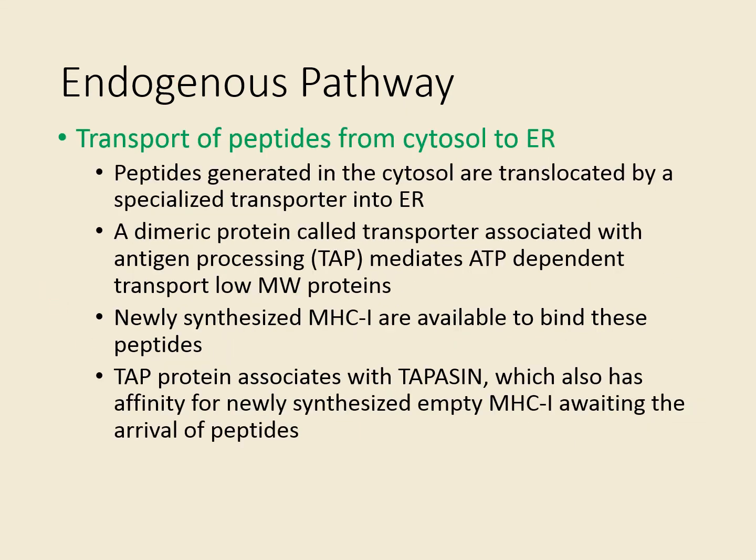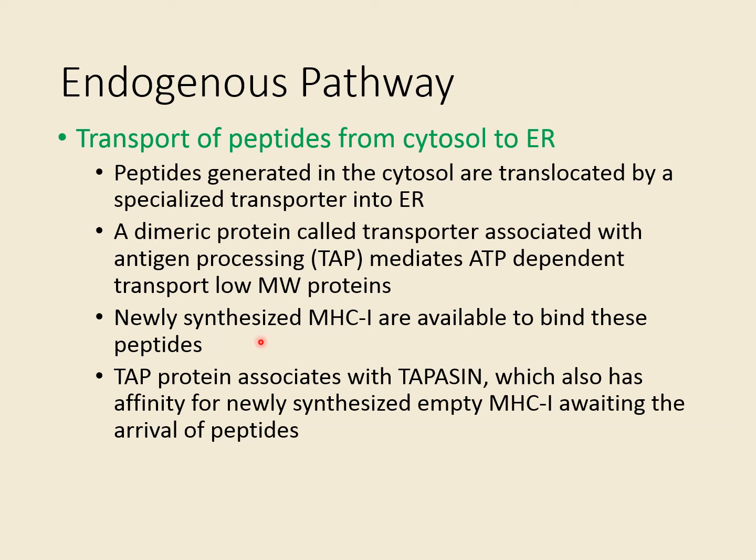The second step of the endogenous pathway involves the transport of the peptides generated in the cytosol to the endoplasmic reticulum by a specialized transporter called transporter associated with antigen processing, or TAP. It helps in transport of low molecular weight peptides and it is ATP dependent.